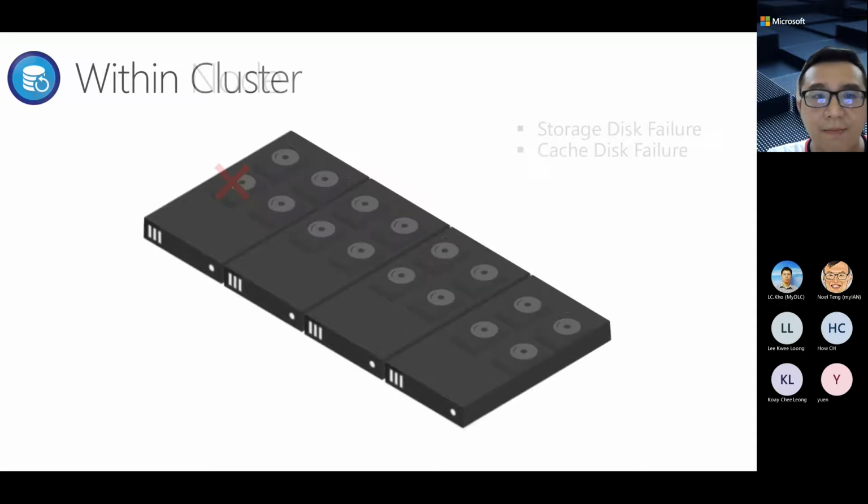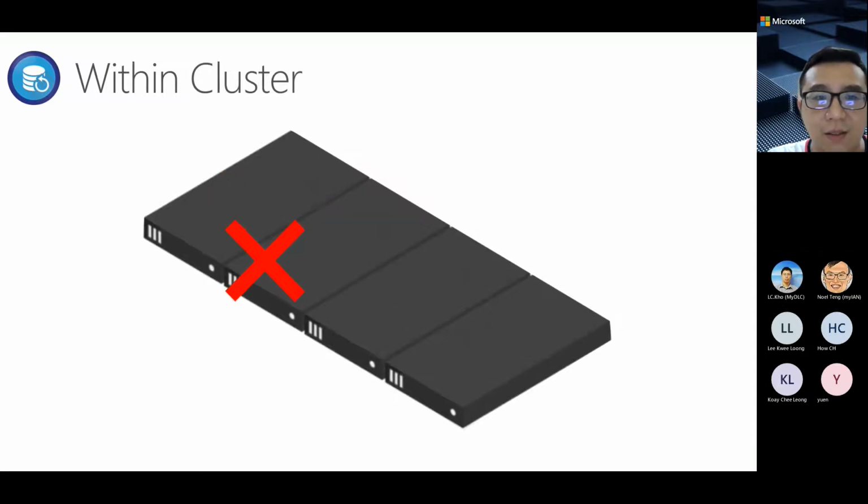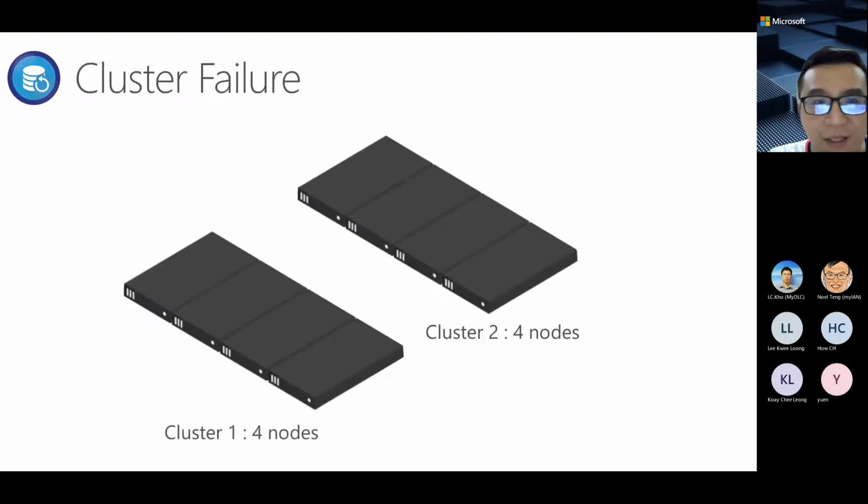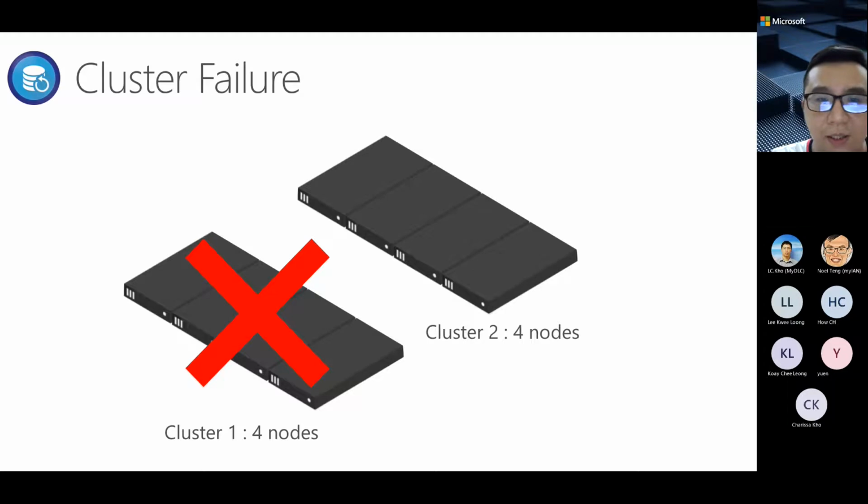Then within the cluster: as long as one of the nodes or servers within the cluster fails, that could be a within-cluster failure. Then cluster failure: if you have multiple clusters and one of the clusters fails, this is considered a cluster failure.